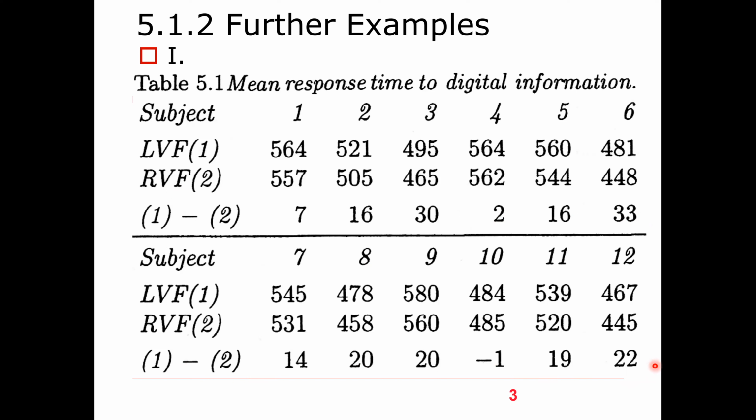So you may have noticed that for different individuals, their response times vary a lot. We have the slowest person who has a 580, and the quickest one, only 467. So for each person, his or her left and right response time varies very little, right?